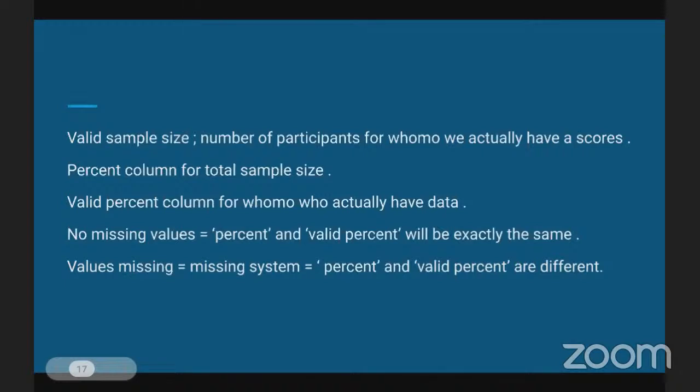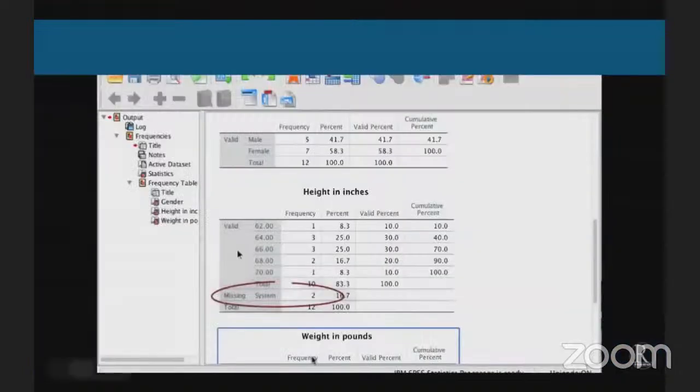When we report statistical analysis, we usually just use the valid percent, unless you have a precise reason to report both. See, in the height, where we have 2 missing data, it shows Missing System, and the percent and the valid percent aren't the same.